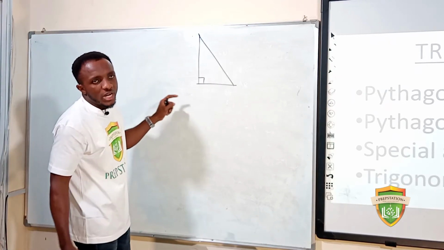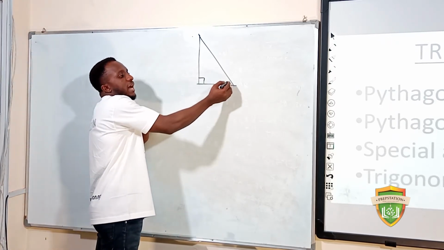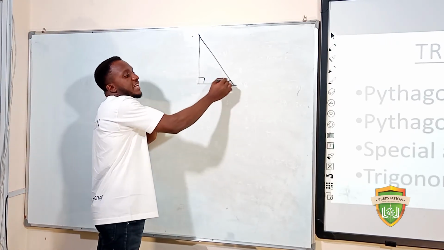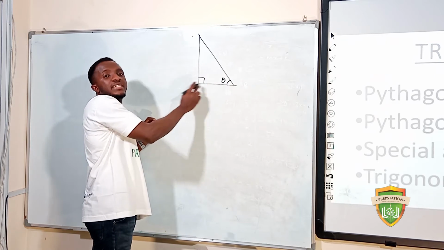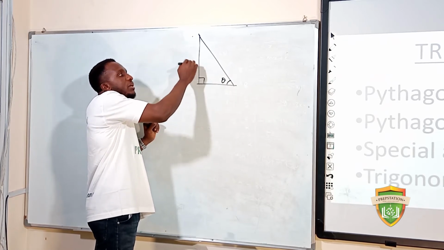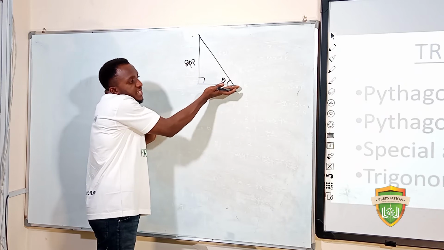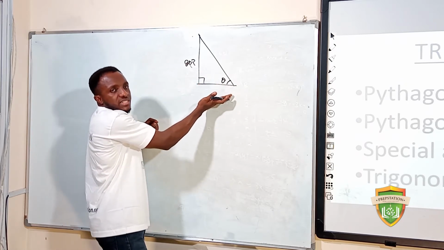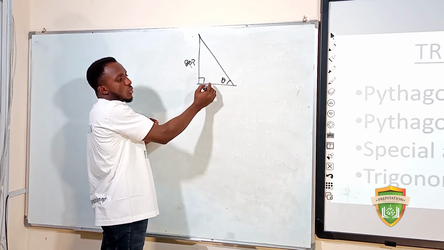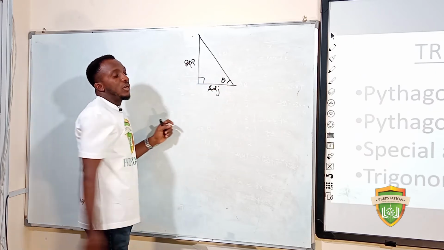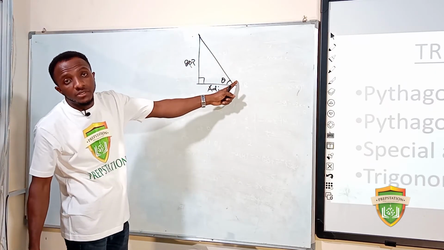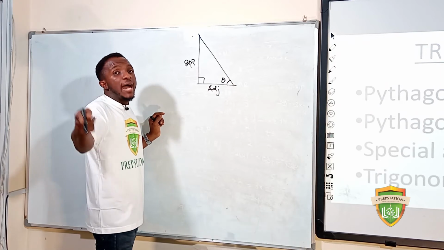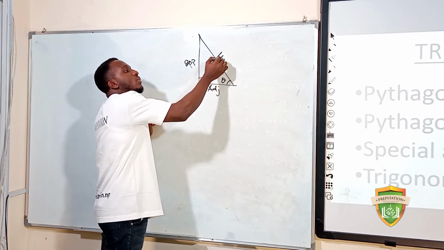So for a right angle triangle, let's label the sides. Depending on where the angle is, if we have an angle here, this side is opposite the angle. So we call this opposite. This is where the angle is sitting on or lying on. So we call it adjacent. Obviously, this is the hypotenuse, which is always the longest side of the right angle triangle.